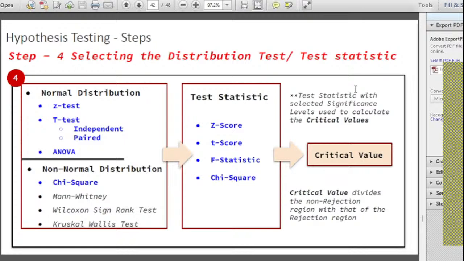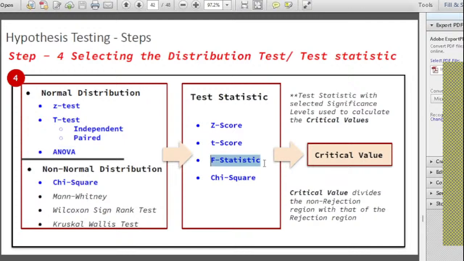So what happens is we are first going to select which of the tests we are going to do. There are some conditions, which I'm going to discuss shortly. If I select z test, it will yield a z score. If I select t test, it will yield a t score. If I select ANOVA, it will yield an F statistic.